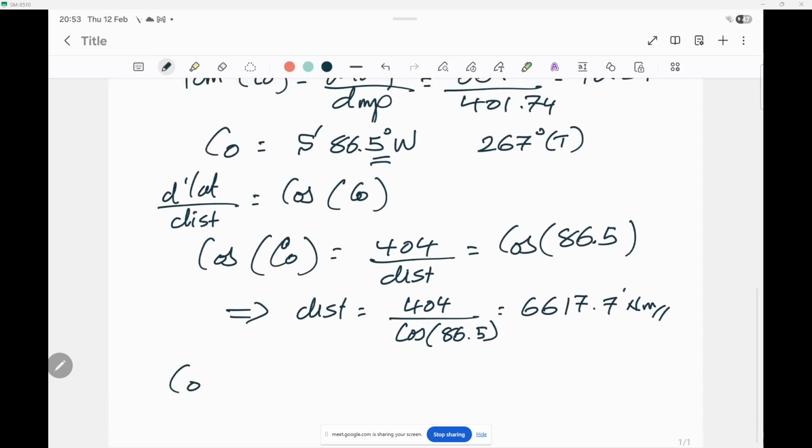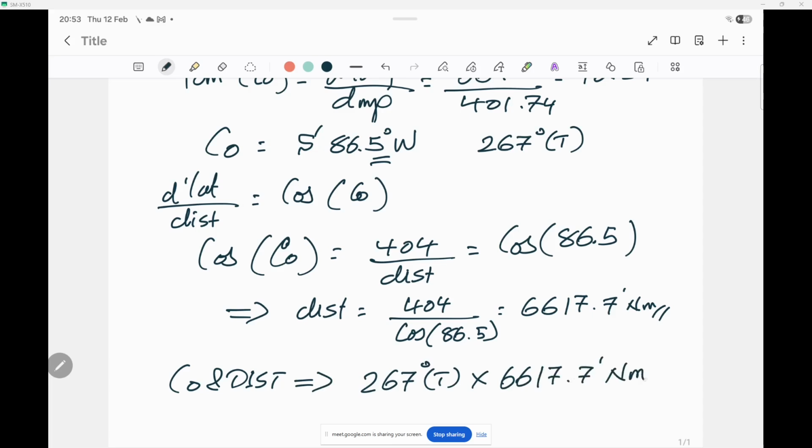So the course and distance in Mercator sailing is equals to course is 267 degrees true, and the distance is 6617 decimal 7 nautical miles. Have you got the answer? Did you all get the answer?